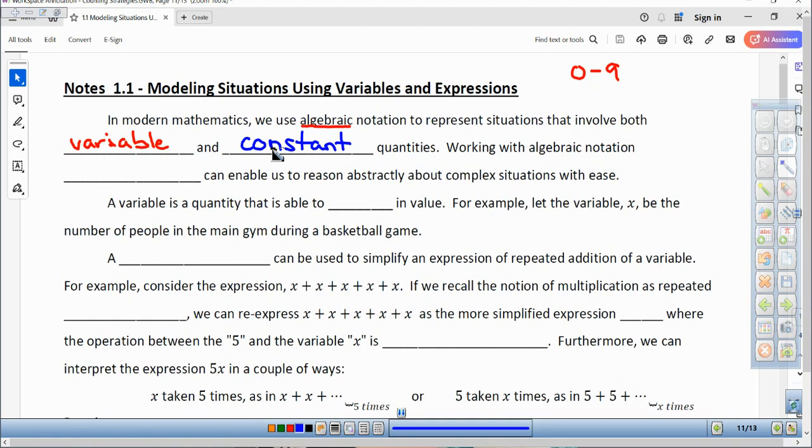Working with algebraic notation fluently, and that's a good word to use here because I've talked about how math is really its own language. And if you're not understanding the symbols, the words, the notation, you're going to not have a good time reading and writing and understanding that language.